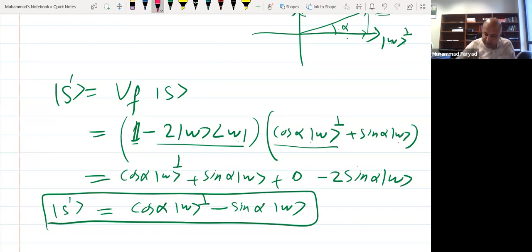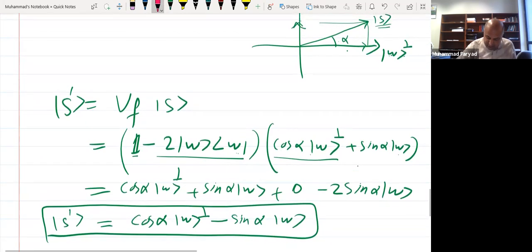And let's see where this S prime state is in this picture. Since sine alpha is now coming with a minus sign, this component is with a minus sign. It means this is equivalent to a vector like this, which now has an angle on this counterclockwise side, and this is the S prime state.